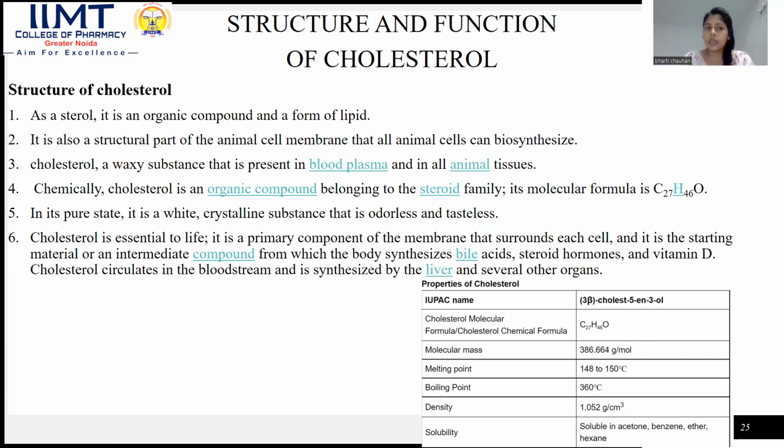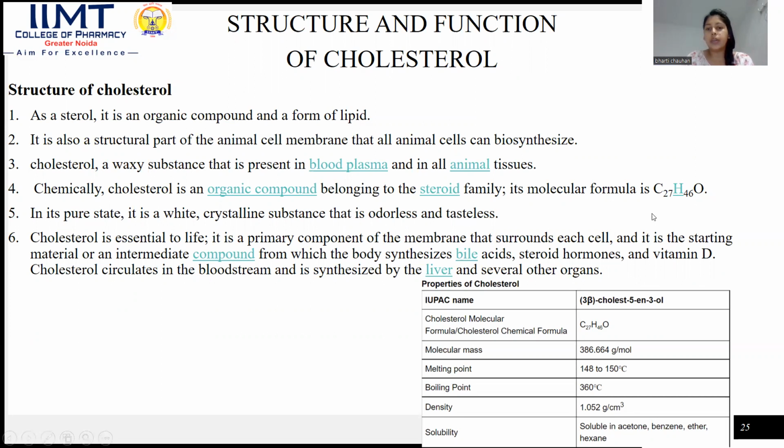Chemically, cholesterol is an organic compound belonging to the steroid family. It contains a steroid nucleus in its structure. The molecular formula is C27H46O. If we talk about its state, it is a white crystalline substance that is odorless and tasteless.